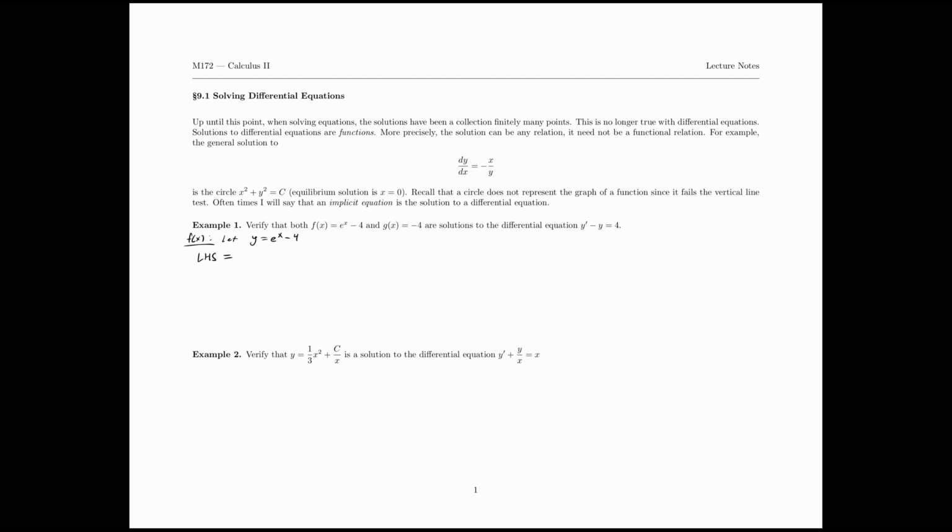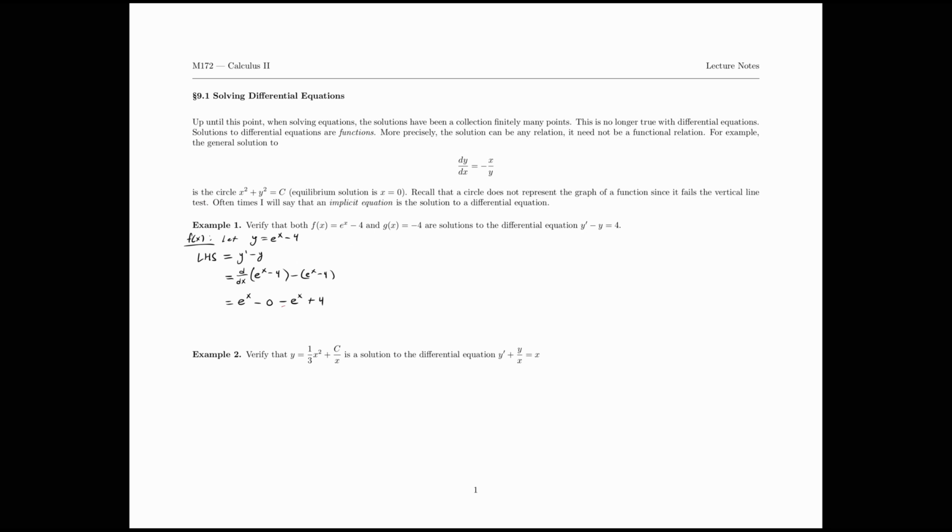So then the left-hand side of the differential equation is y prime minus y. Well, if y is equal to e to the x minus 4, then y prime is the derivative of e to the x minus 4, minus y, so e to the x minus 4. So if we differentiate, we get e to the x, the derivative of a constant is 0, minus, we'll distribute, so minus e to the x minus minus, so plus 4.